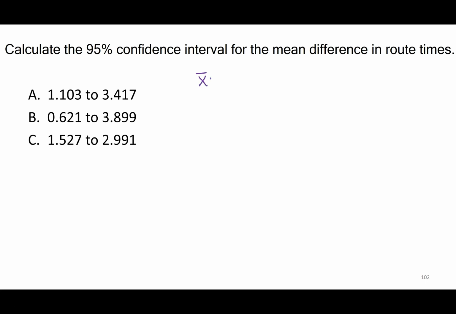The mean difference time that we observed is 2.26 minutes. The standard deviation of the differences was 1.32 minutes. My number of pairs, that's just five cyclists.